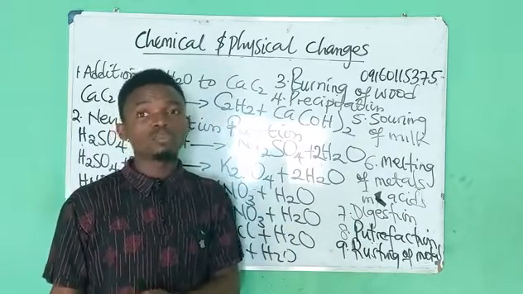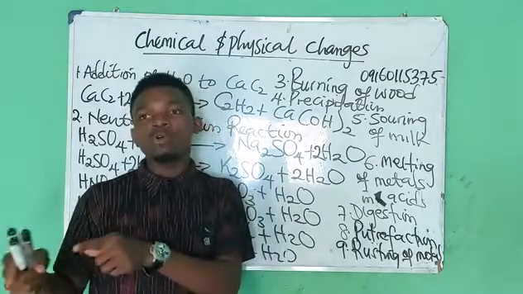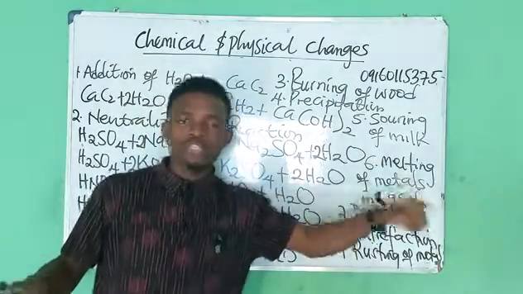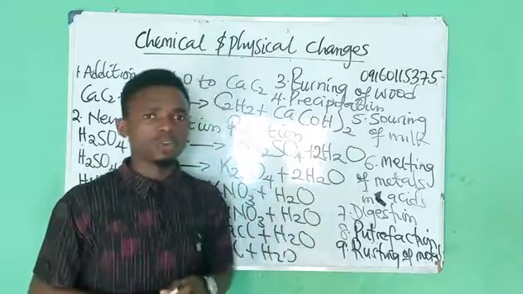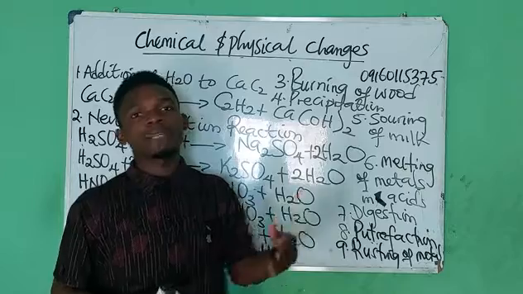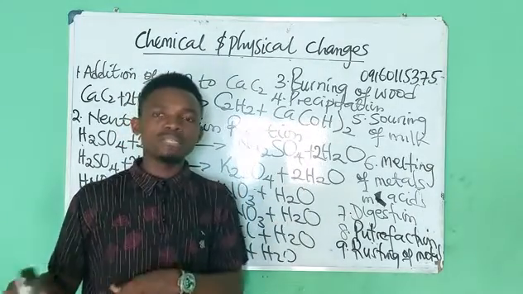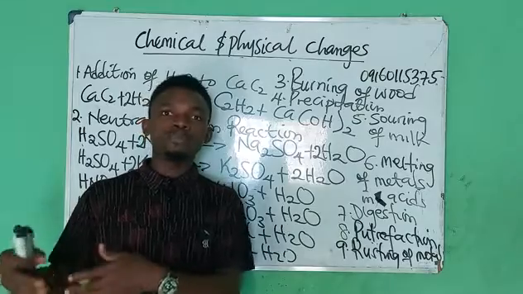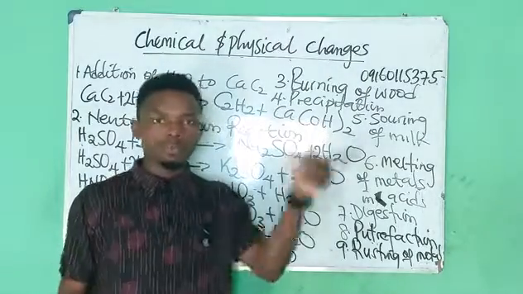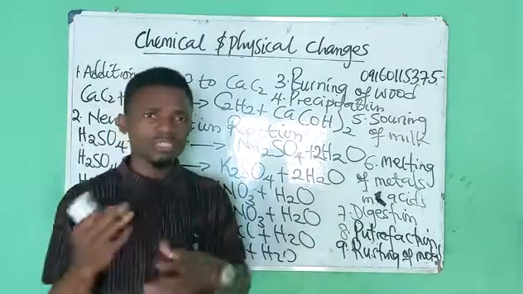But when that water undergoes freezing or solidification, it becomes solid. So you see, it is reversible. Same thing with condensation, a process whereby gaseous molecules form liquid. Once that liquid is produced, when it undergoes boiling, that same liquid goes back to its initial state, which is gaseous state. You see, it is reversible.